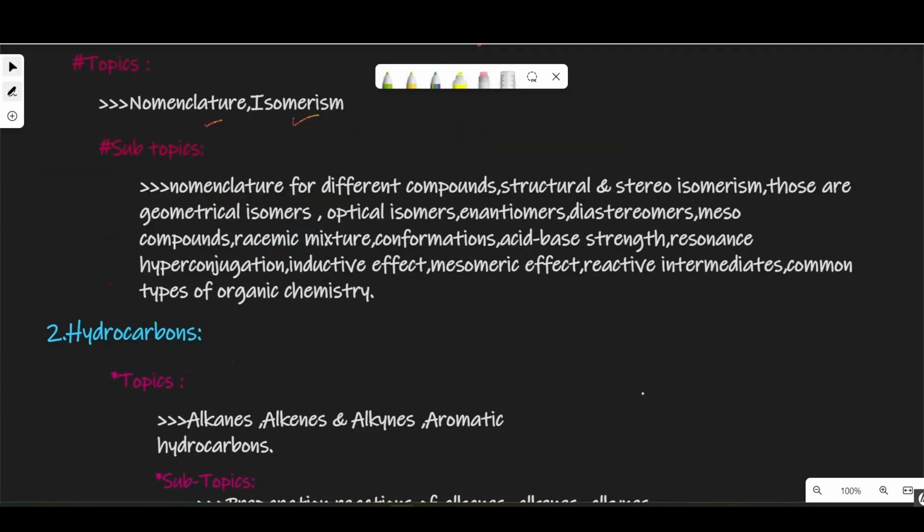And geometrical, optical, enantiomers, diastereomers, and these are all very basic concepts we should know. If you want to get a good conceptual idea about this subject, then we need to know these small topics.